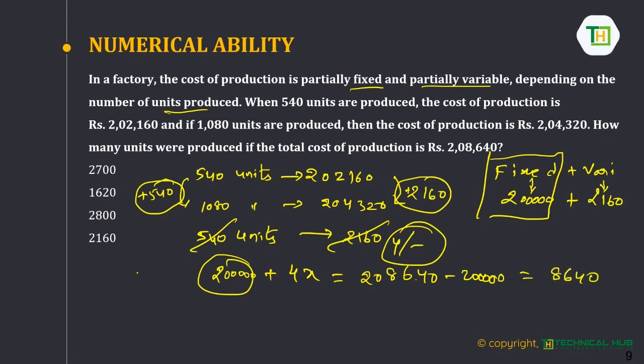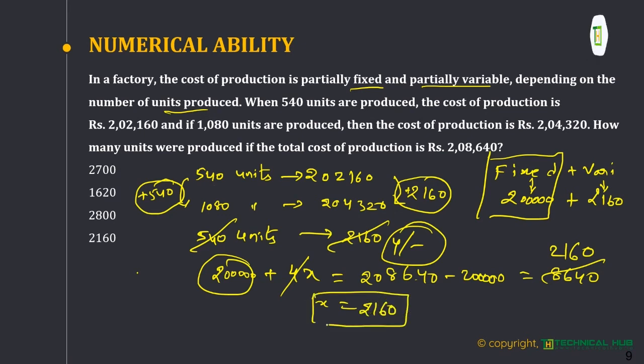Now from this, x is equal to 8640 by 4. Cancel with the 4 table: 2 times, 1 time, next 24 means 6 times, 0. x is equal to 2160.